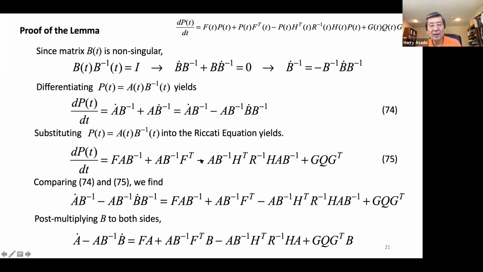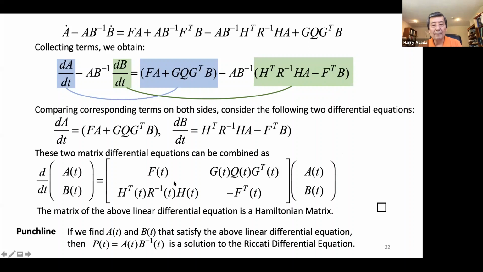So, using the properties of A and B, and combining these two, we arrive at these linear simultaneous equations with respect to matrices A and B. So once we solve this, we plug that in to construct P(t) as A times B inverse, and this is guaranteed to satisfy the original Riccati differential equation.